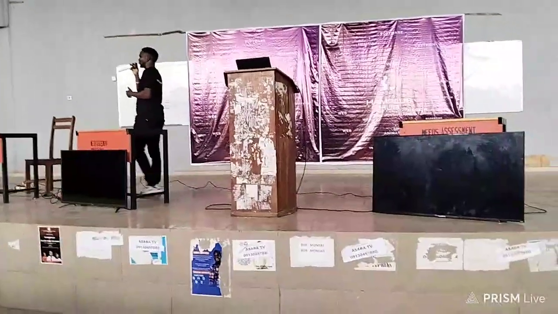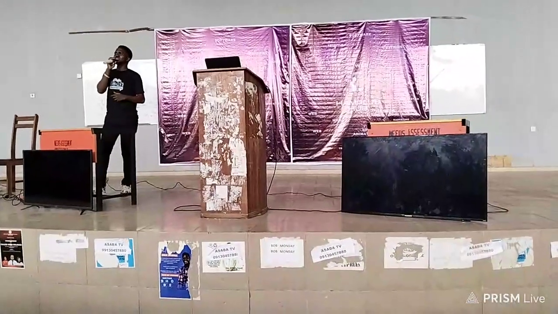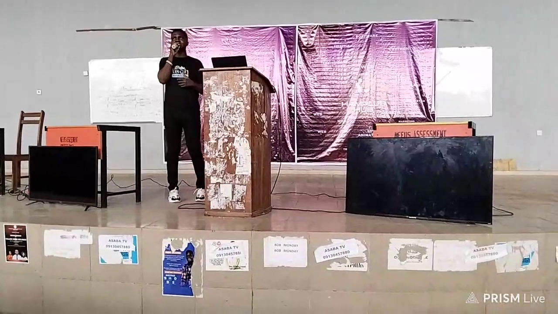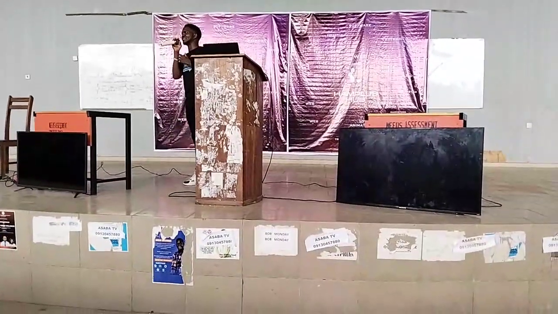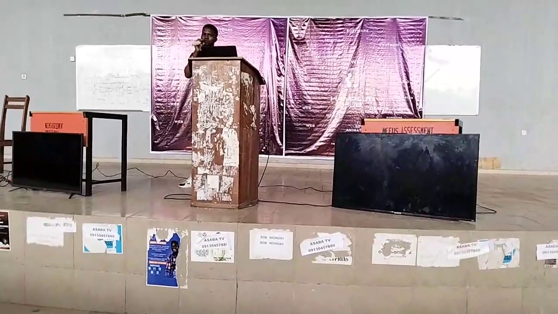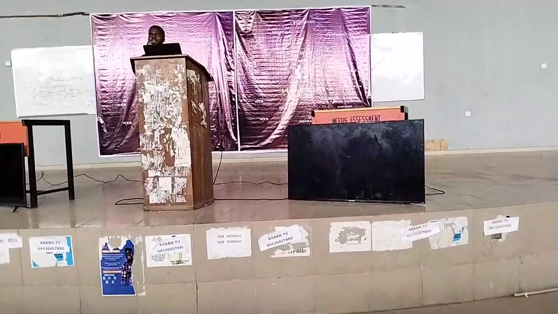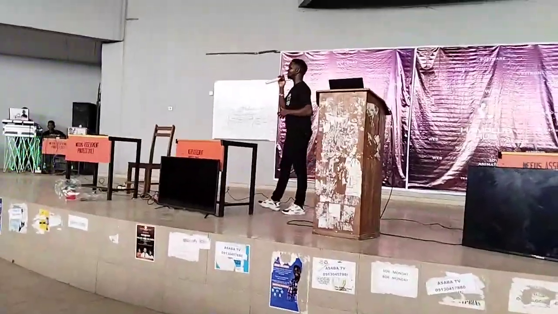Before now, there were programming languages that were already in existence. One of them was the ABC language. So Python is, let's just say, the older brother of the ABC language. In 1991, there was a guy called Guido van Rossum.